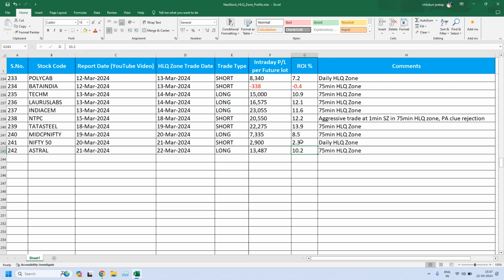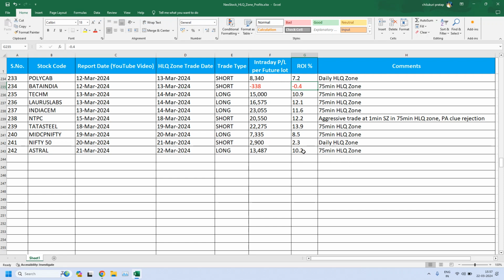Only yesterday in Nifty 50 we got only 2.3% ROI. There was one stopped out order, my negative ROI minus 0.4. But the remaining are all excellent. And moreover, many of these stocks gave double-digit ROI. So this week is a good week.